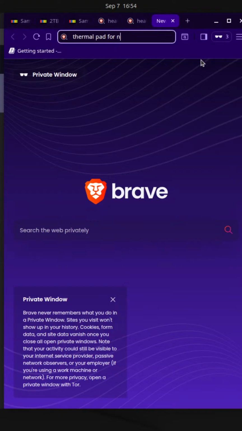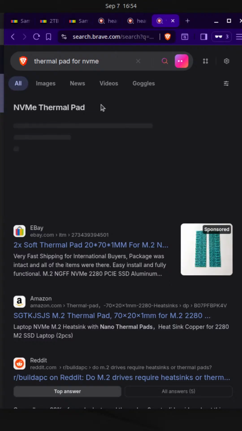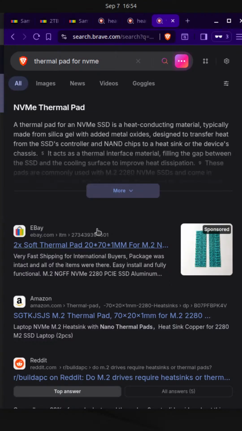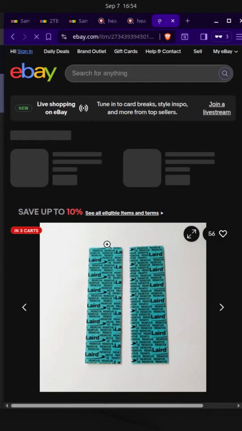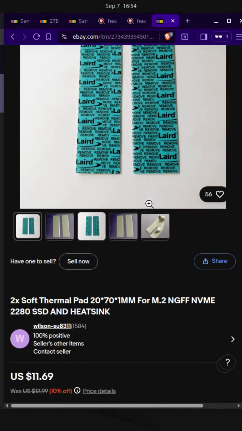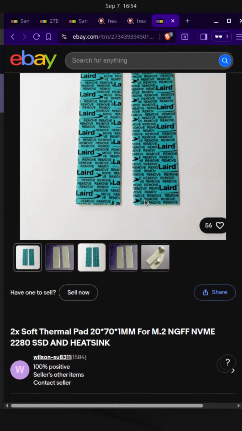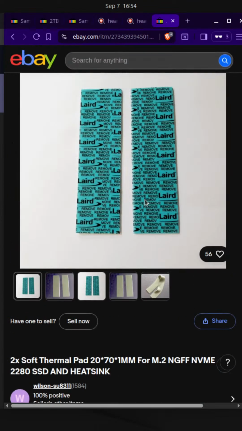Thermal pad for NVMe. $11 for 2 thermal pads. It's kind of a lot. 20 by 70 by 1. That seems like so much. Plus like 20 millimeters.